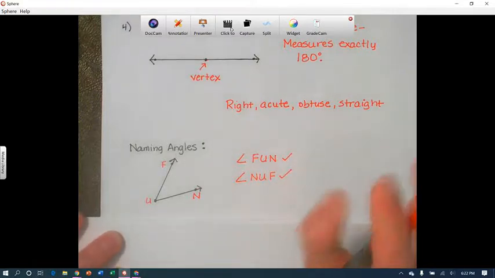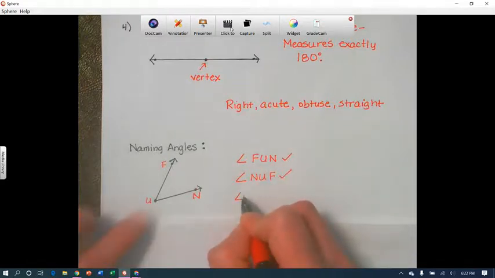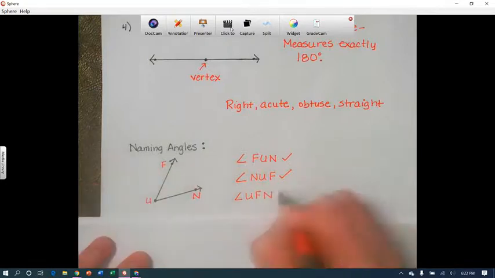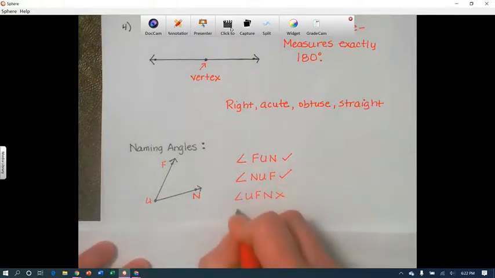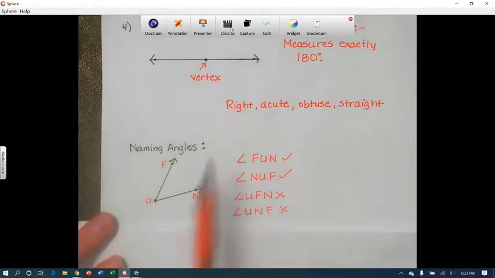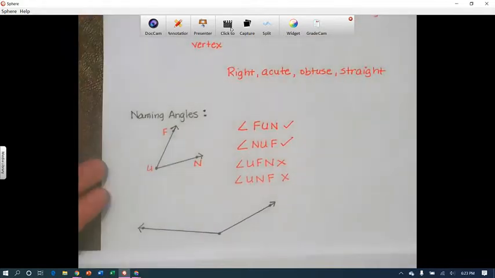So these are all correct ways of naming this angle. We cannot start at the vertex and name it angle U, F, N. That is not correct. We can't start at the vertex. We also could not name it angle U, N, F. We have to start at one of the points on the ray and then work our way around. We could also just have a letter at the vertex.